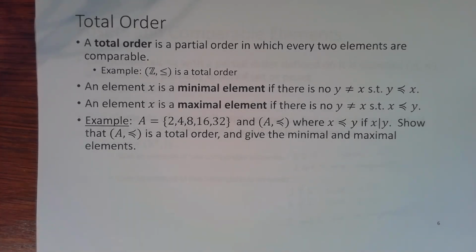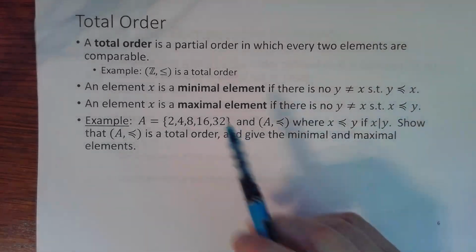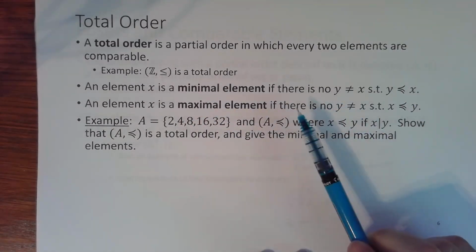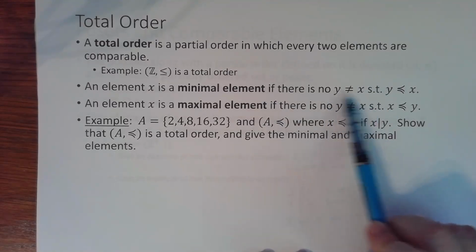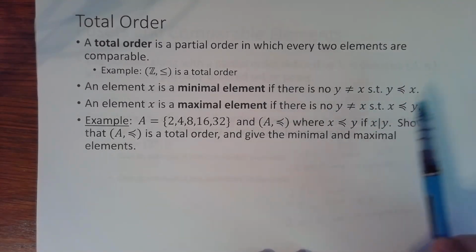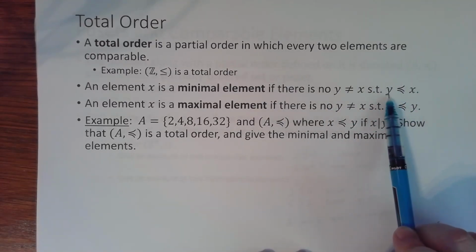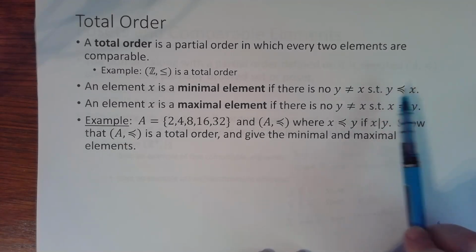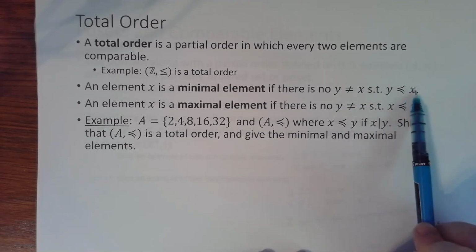In partially ordered or totally ordered sets, we're often interested in minimal and maximal elements. A minimal element x is one for which there is no y, not equal to x, that is ordered before x, that is, y related to x.